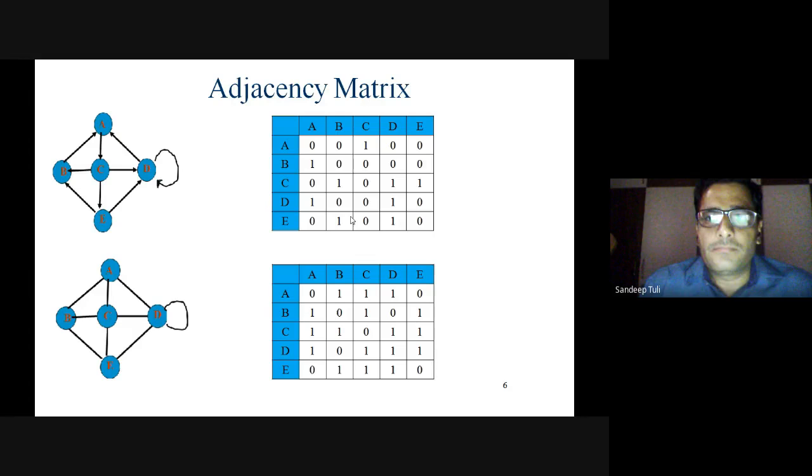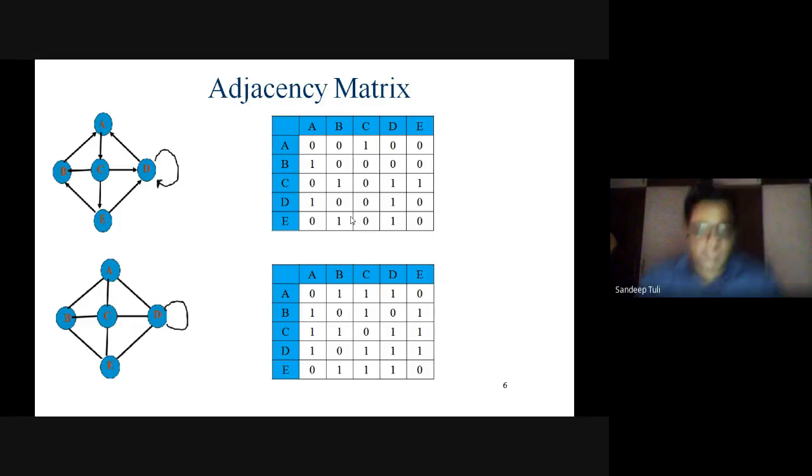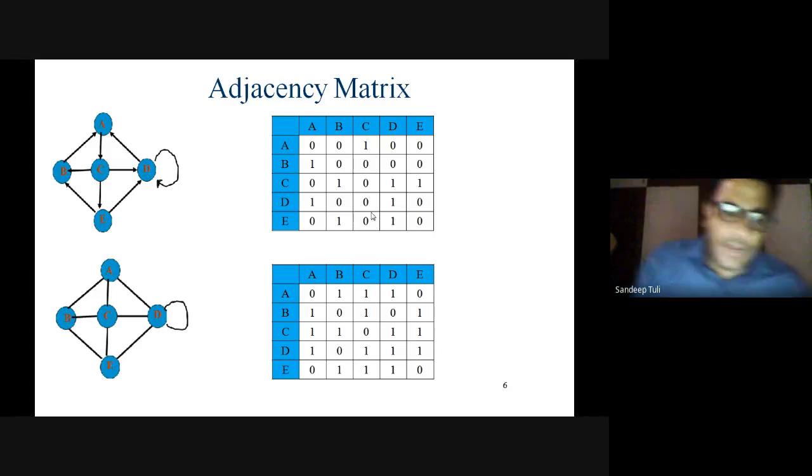Yes sir, A is equal to A transpose. So that is the second matrix we have for the undirected graph. I was not asking about the diagonal matrix. I was asking about the matrix symmetric about the diagonal.